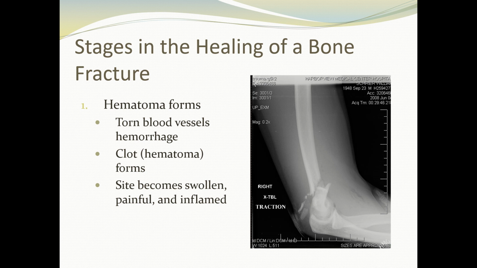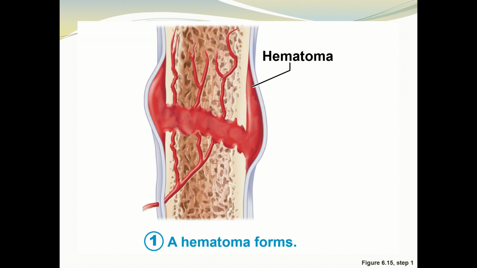And this is like a telltale sign to a lot of medical professionals of what bone has been broken in what area, especially if it's not an open fracture, where the bone is sticking through the skin. Using the hematoma location, you can still pinpoint the site of injury because of that swelling and pain. So this is step one, the hematoma formation.